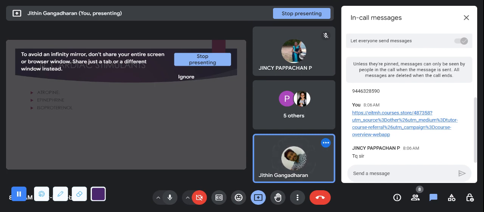What about atropine? Atropine will increase the heart rate and decrease the vagal stimulation, and it also decreases the parasympathetic nervous system at the SA node as well as the AV node. Just leave all those things. Atropine will increase the heart rate. Epinephrine, which is adrenaline, increases both the heart rate and the force of contraction.